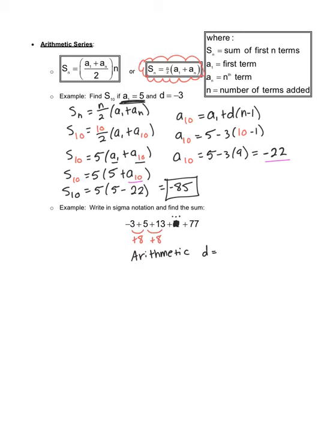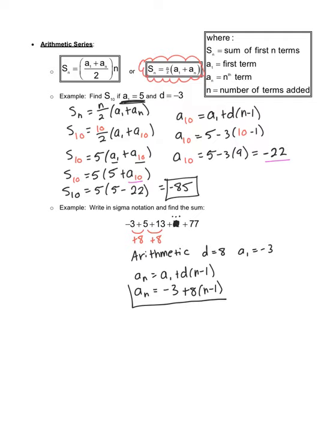The common difference is 8, and my first term, A1, is -3. So again, I'm going to use that arithmetic sequence equation, and I'm going to write the explicit formula like we did last week. I'm just going to replace A1 with -3, and I'm going to replace D with 8.